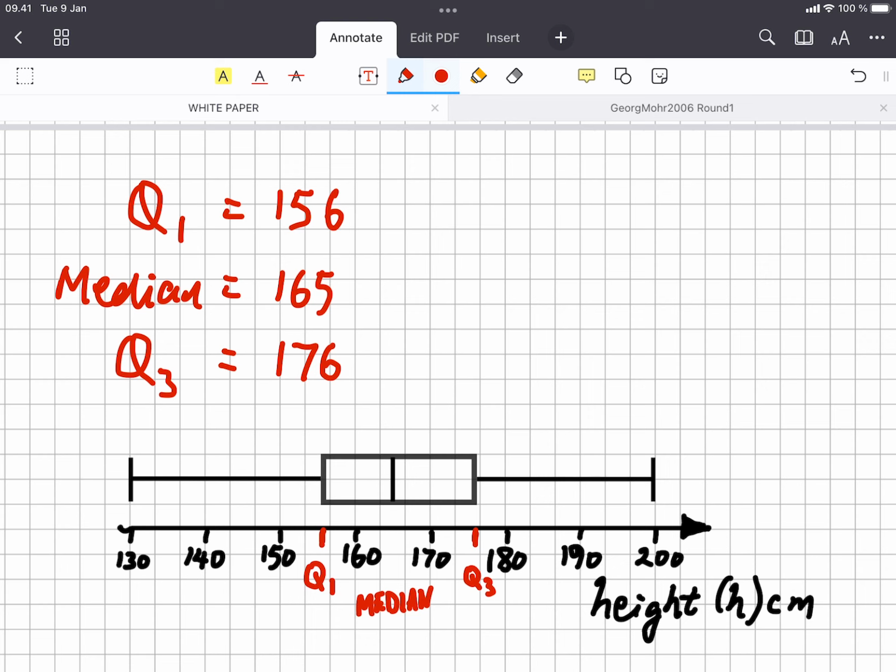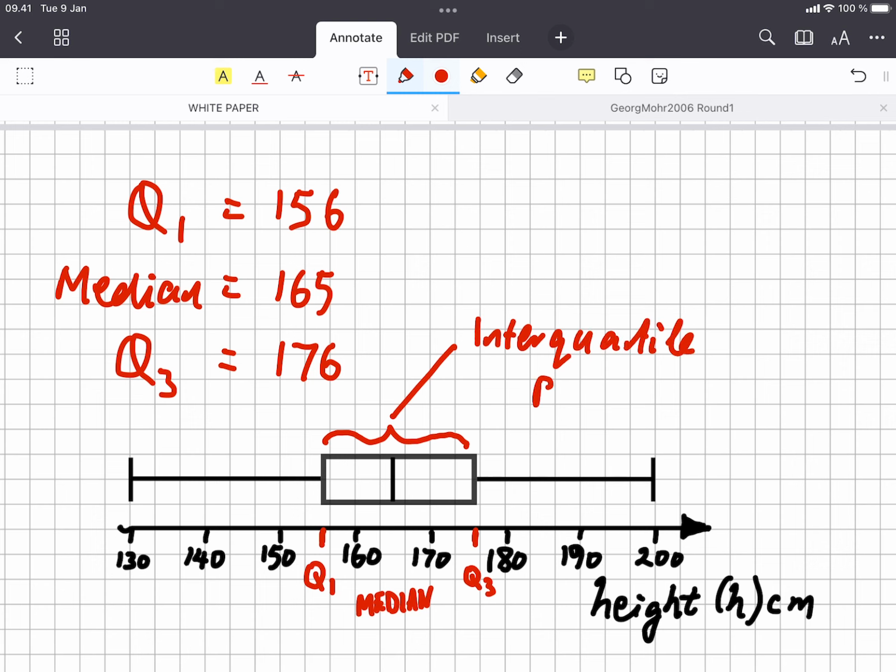Now remember, a box plot shows something about the central tendency of the data. So in this case it's showing you where the middle or the median is. And it also shows you the spread of the entire data, so that's the range. But as well as telling you the range, it also tells you the spread of the middle 50%. So that's the interquartile range.